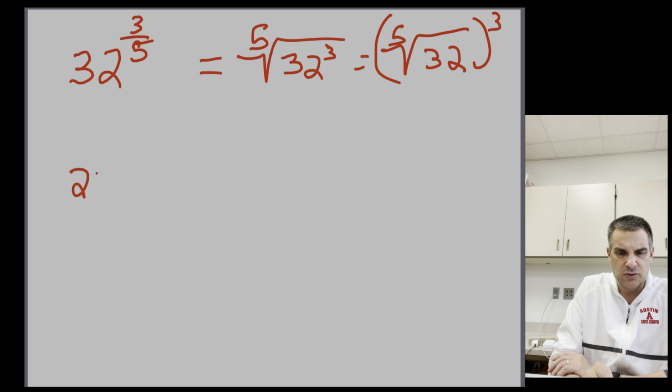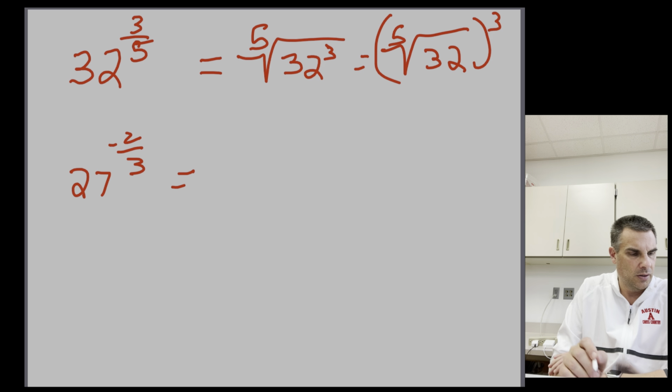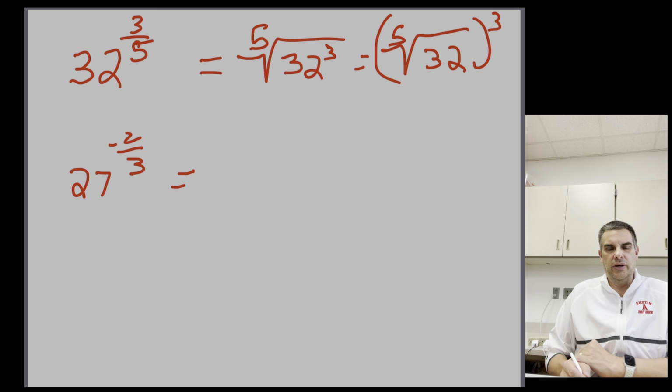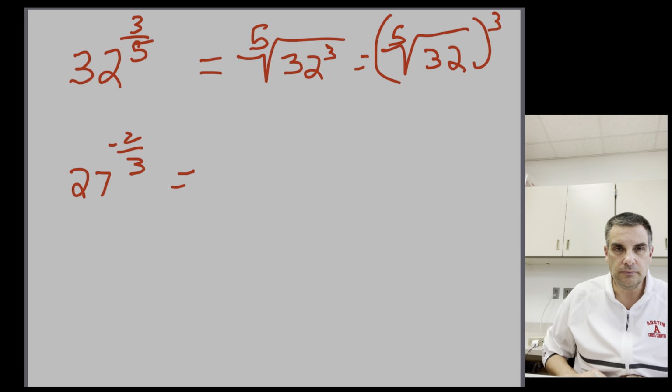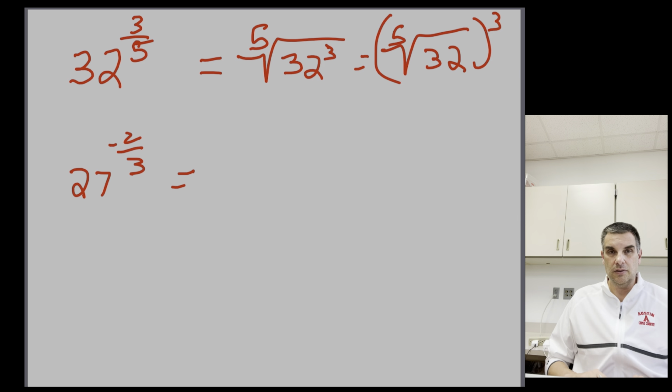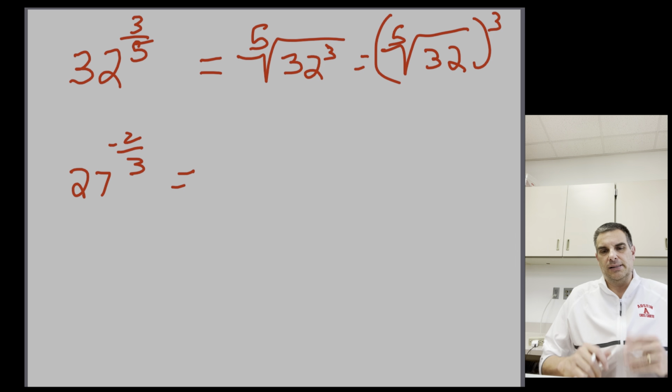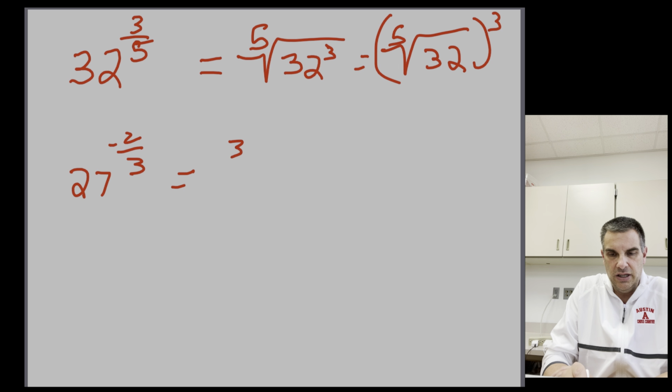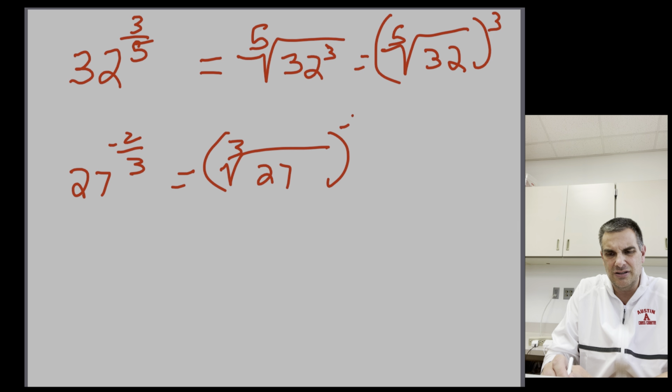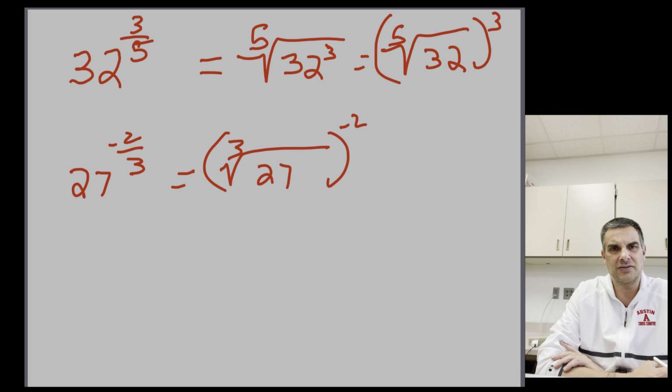But what if I have 27 to the negative 2/3? What is that going to look like rewritten? Well, the 3 is my root. 27 goes there. And it's almost easier to do it like this, to the negative 2nd.